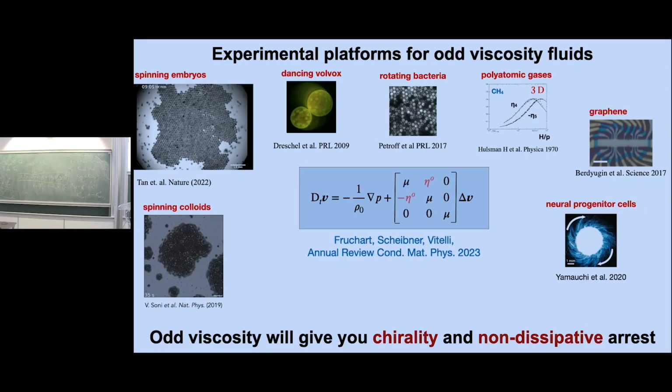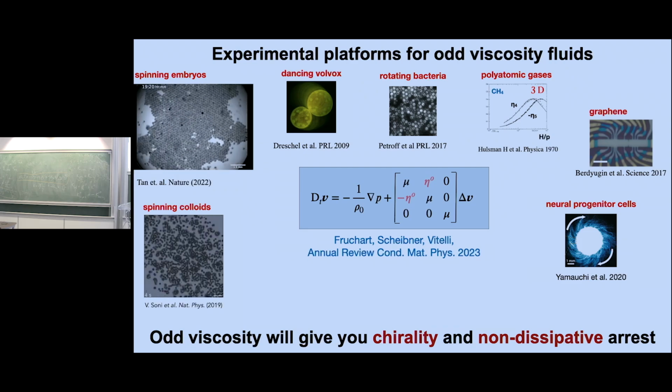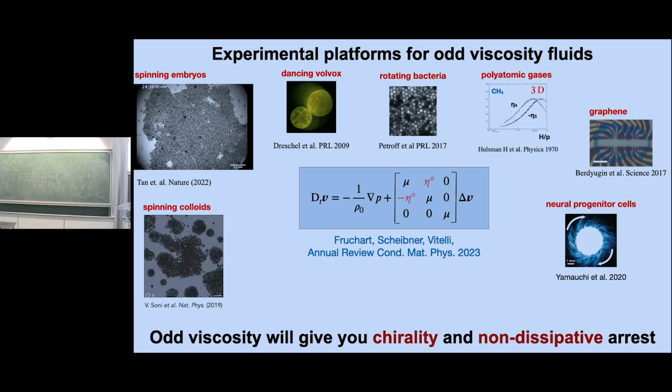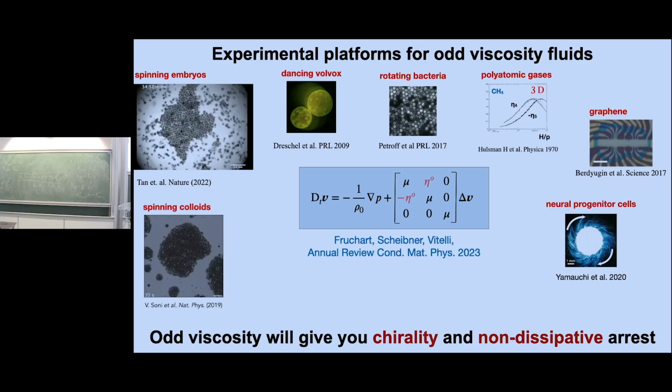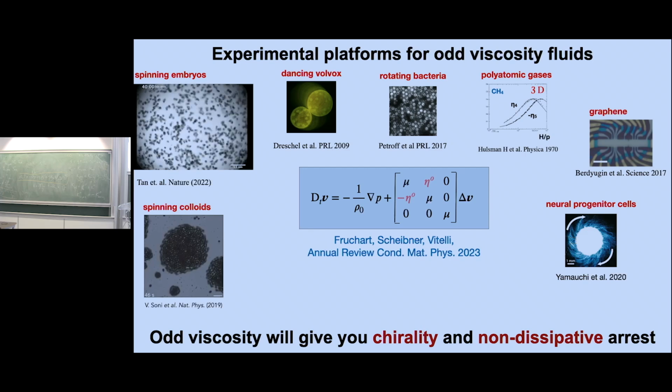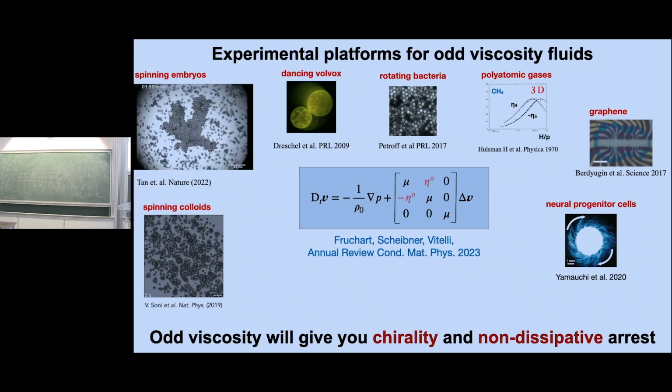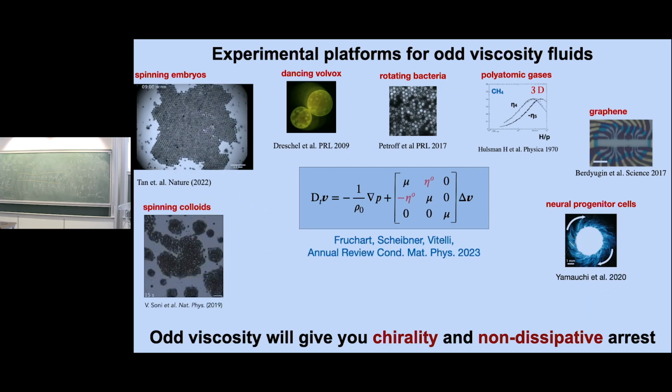Another example, done in the laboratory of Nikta Fakhri at MIT, is that Nikta takes spinning embryos, following a long tradition in biophysics. These spin by themselves because they have intricate biophysical motors in them, and they can make fluids or solids of spinning particles.